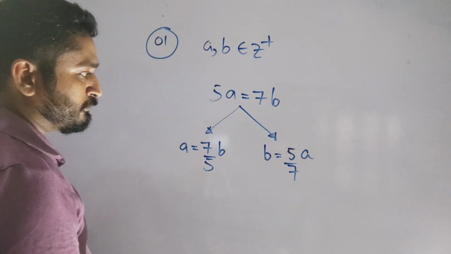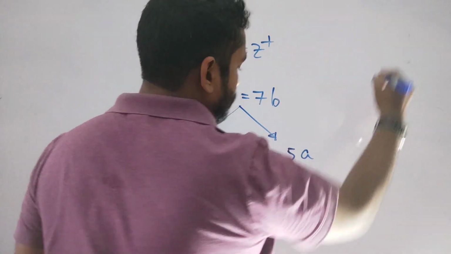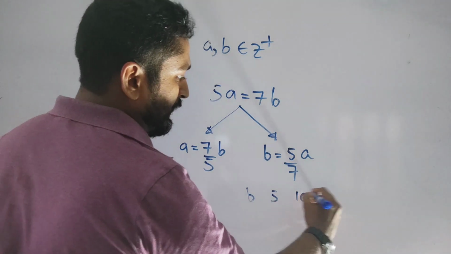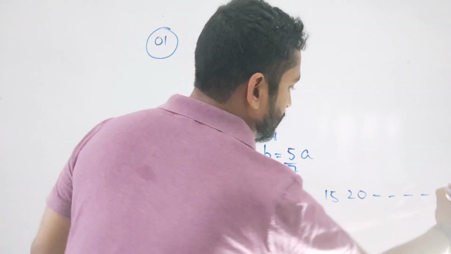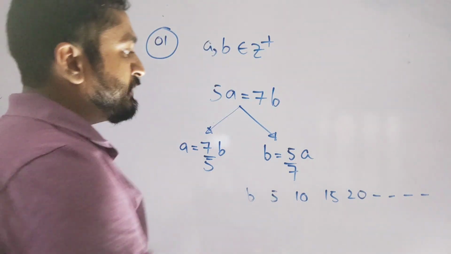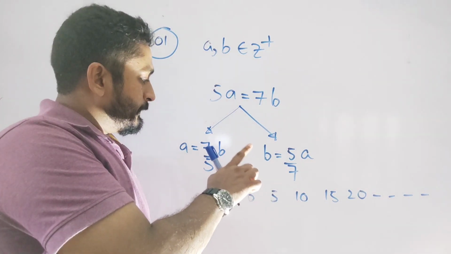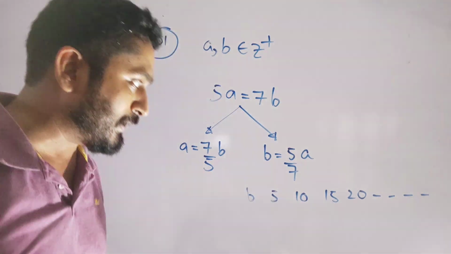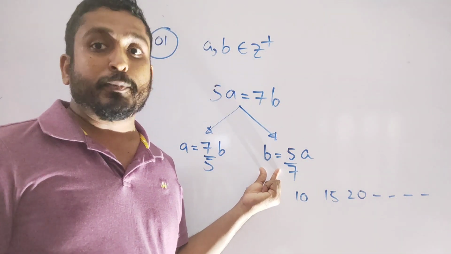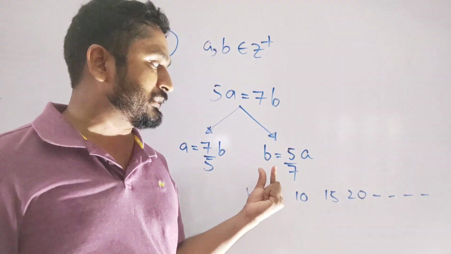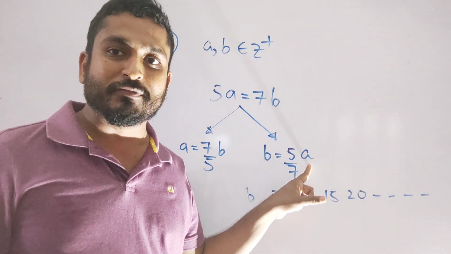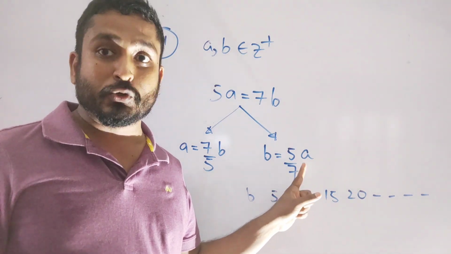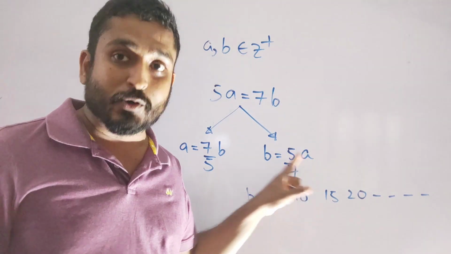So what are the possibilities of b then? Let us write down the possibilities of b. 5, 10, 15, 20, likewise. Is that clear? Then when we talk about b to be a positive integer, a should be a multiple of 7, because it should get cancelled out with 7.